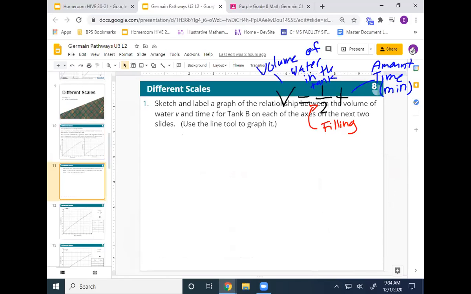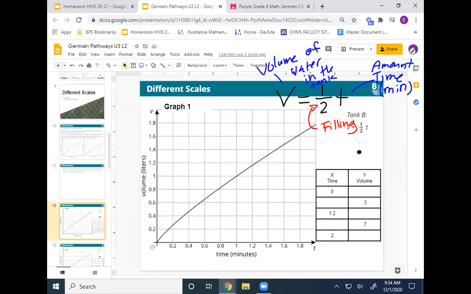So let's take a look at slide number 12 because we're going to do one of the graphs on slide number 12, using this equation to help us graph.